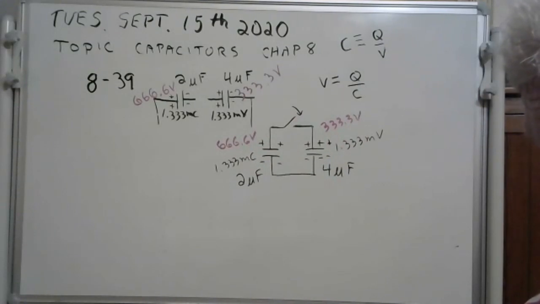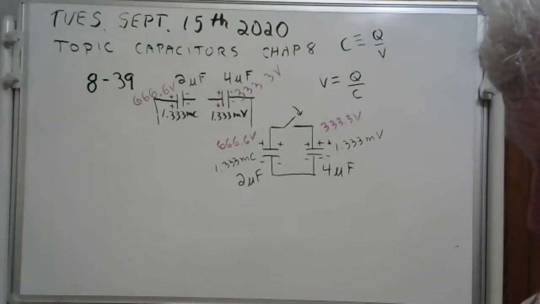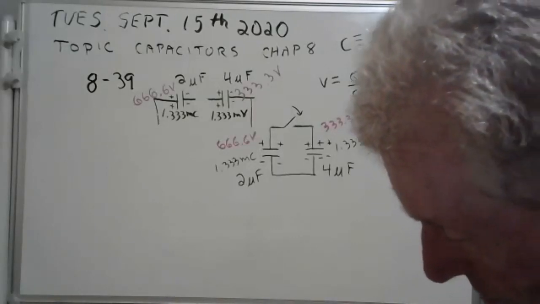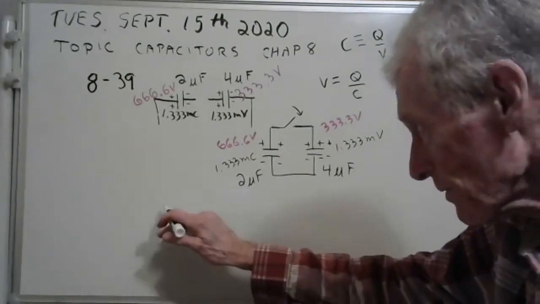Now, what's the dirty little secret in solving these problems? I've told you this about 3 or 4 times. Does anyone remember the dirty little secret for solving these capacitance problems? I'll write it out for you.